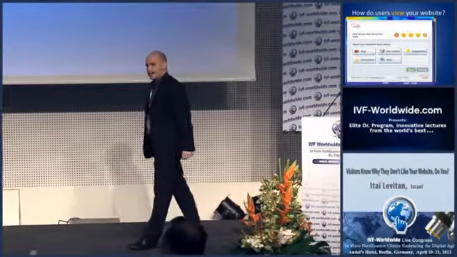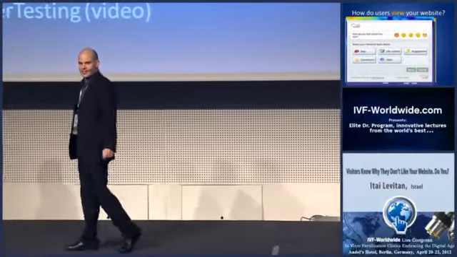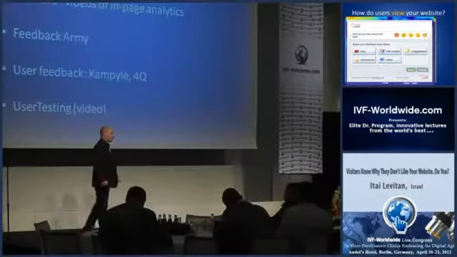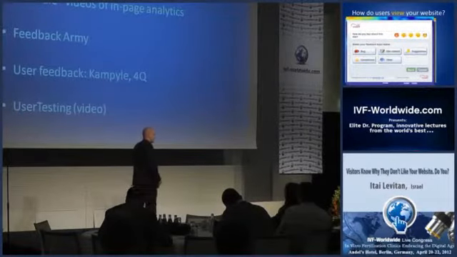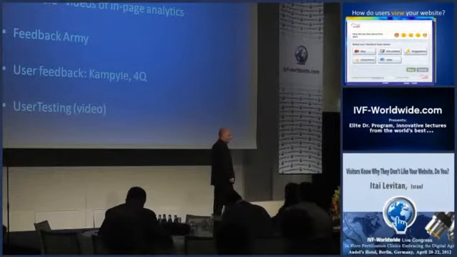User testing is another tool. Please write that down or continue your camera rolling. We'll show an example of that. Basically, you can ask a person according to a few attributes.